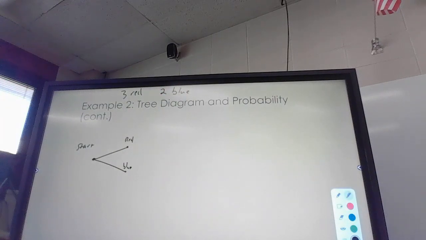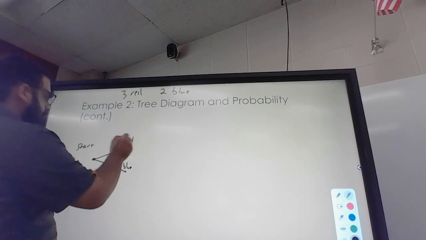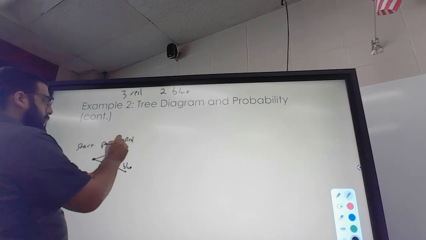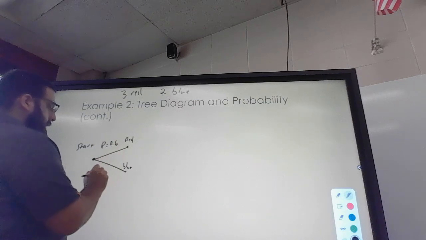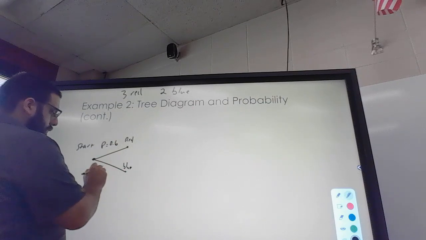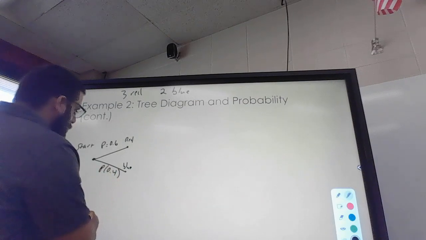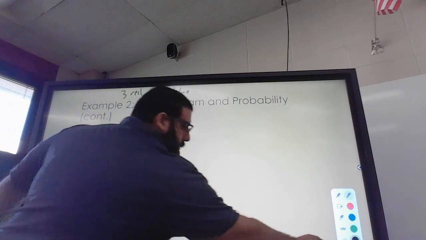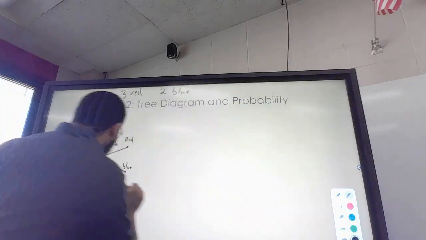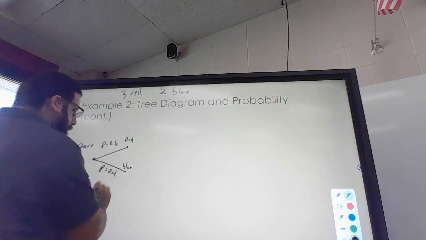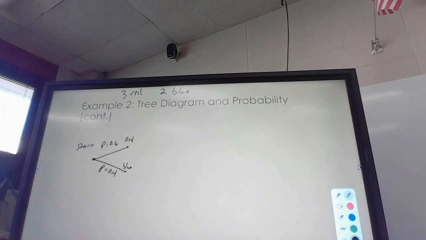So your probability for choosing the red would be 3 out of 5, which would be 0.6. To choose the blue, the probability would be 2 out of 5, or 0.4. Okay, that's the color of the first ball.